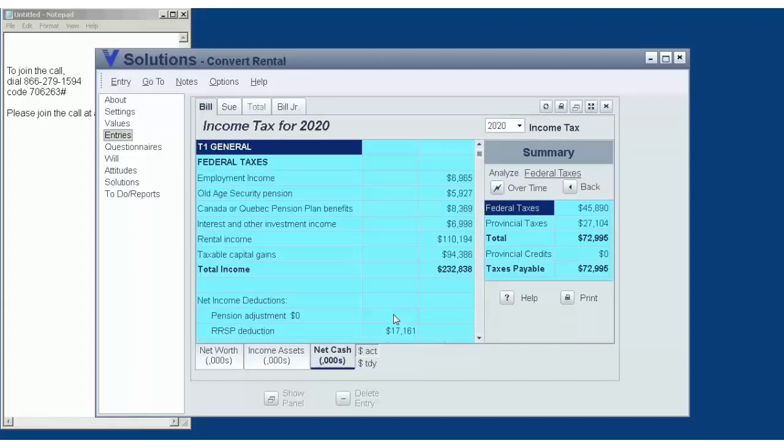So we see this large rental income amount because of the CCA recapture, and then we see a large taxable capital gain, CCA capital gain, and the capital gain on the land. So this is a fair amount of fancy tax math. Does anybody have any question about this? Please speak up if you're not clear on it.